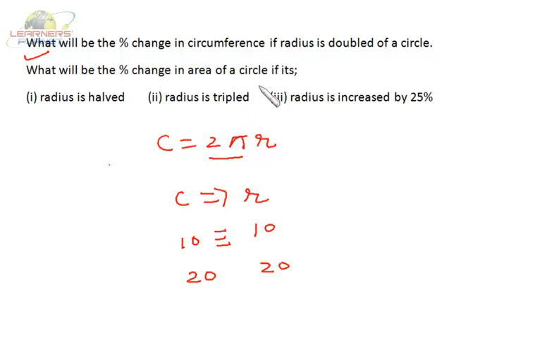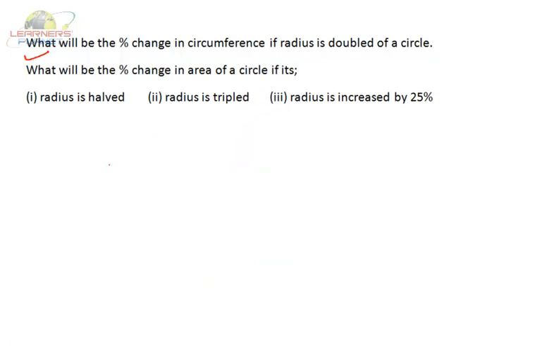Now in this case let's discuss. Friends, area is dependent upon the square of radius, that is area is pi r square. Here pi is constant, we will not be considering it, and will begin with radius only. Initially the radius is 10, so area will be 100.